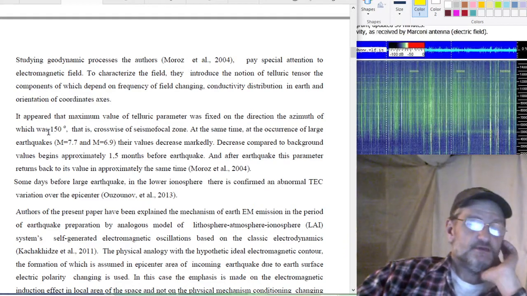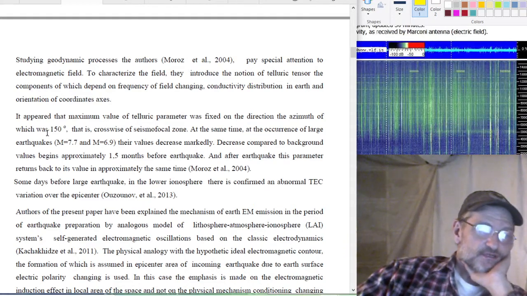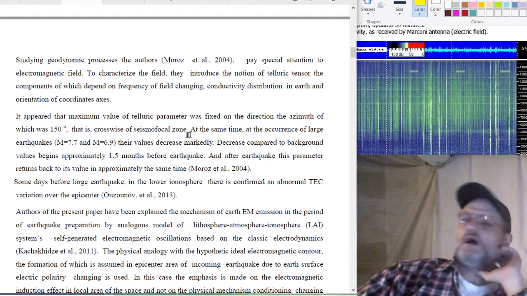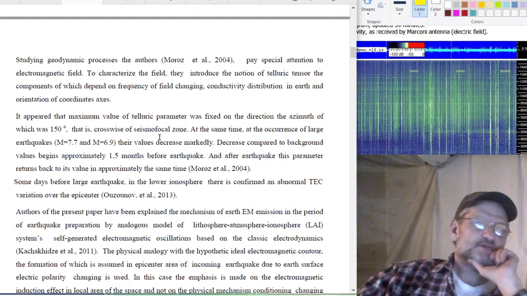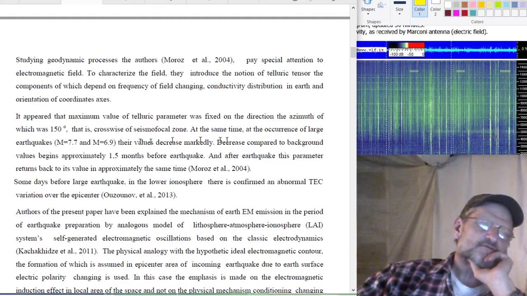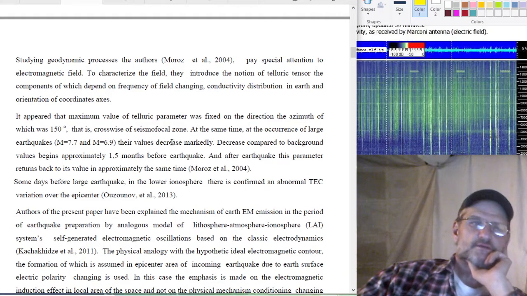That is, crosswise of seismofocal zone. Okay, I'm not sure what that is, but as they're talking about, seismofocal is the location of how close to the earthquake it is.